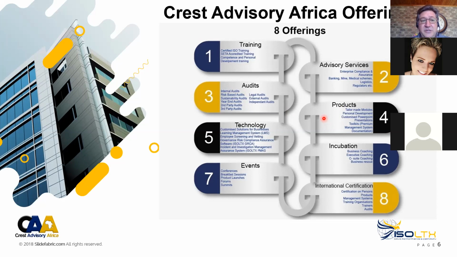Products, we've got fantastic products to actually drive corporate governance. So we have launched one of our toolkits yesterday for ISO 22301 for business continuity, and you can go and access it on our website. You can go and buy there. It is fantastic documents.